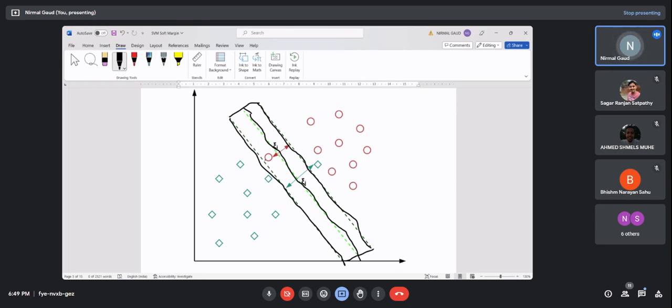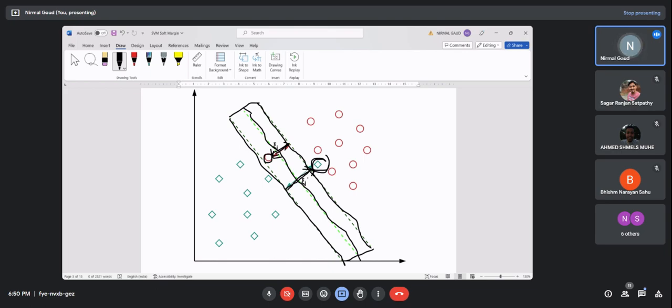So the red point which has been misclassified, I need to calculate the distance from here. Similarly, I need to calculate the distance for the green, which is also misclassified, from the green boundary. You can see the distance of the misclassified red is less, and the distance of the misclassified green is more.